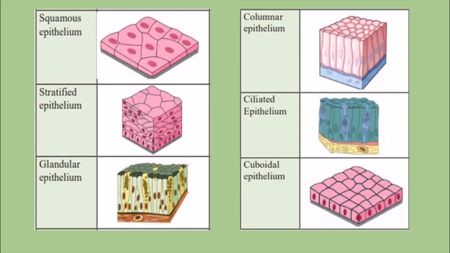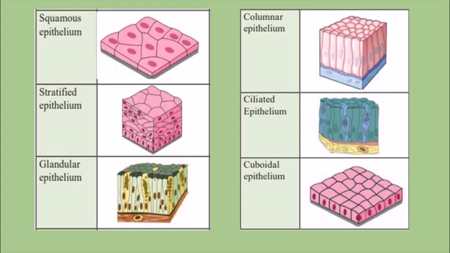Fourth is the columnar epithelium. These are like columns, tall cells, and they are present in the inner surface of our intestine and also in our alimentary canal. Their function is for secretion of digestive juices and absorption of the nutrients in our body. Fifth is the ciliated epithelium, which you can see in yellow and greenish color.